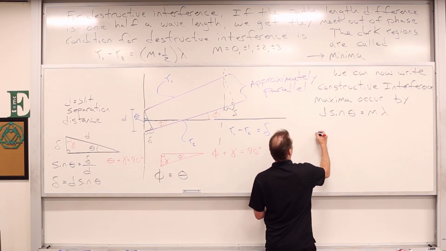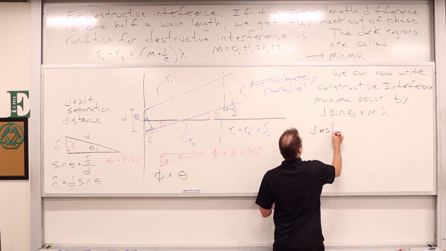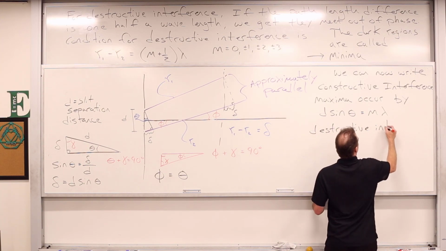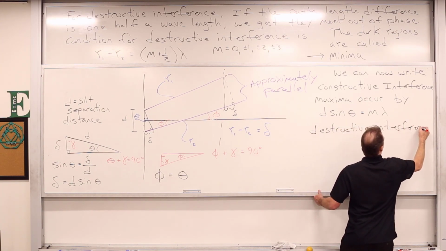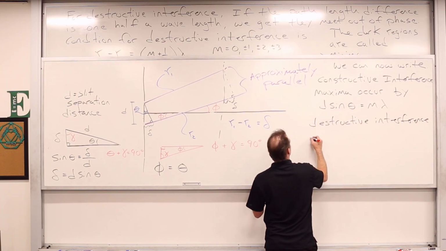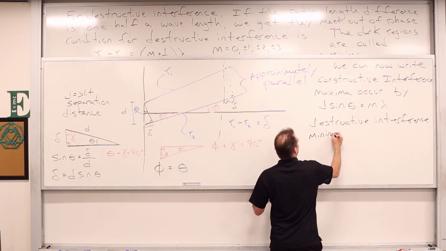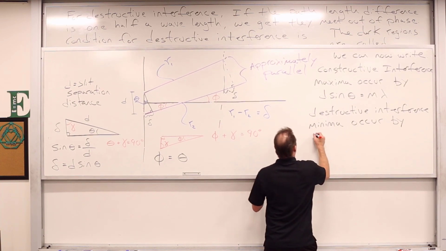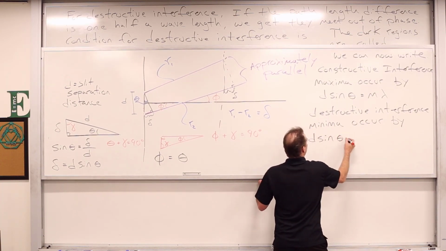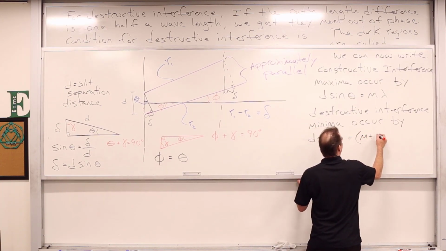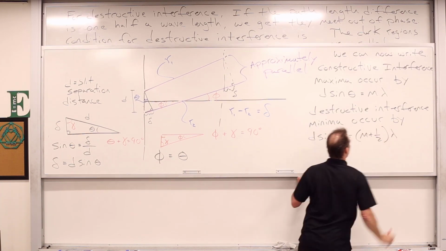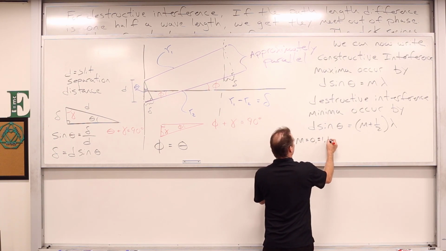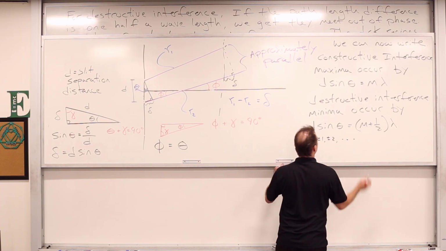And minima occur, destructive interference, d times the sine of theta is equal to the quantity m plus 1/2 times lambda. m is equal to 0, plus or minus 1, plus or minus 2, dot dot dot.